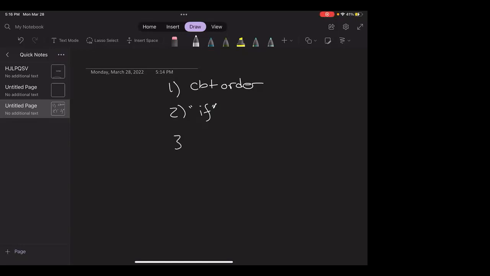Then when you get through the if questions, or even if you leave one at the end because it's taking a long time, not a big deal, go through as many as you can before you get to the which questions, which is what number 3 looks like.